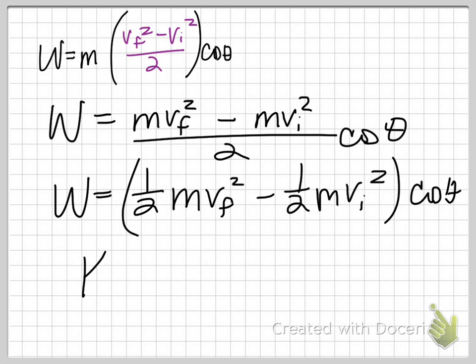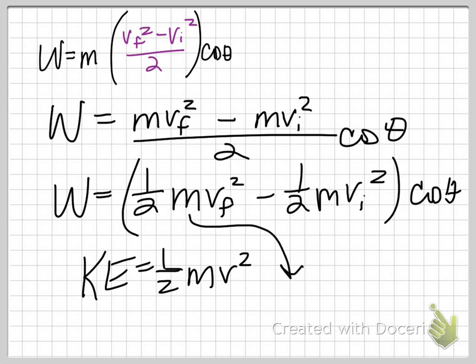Well, recall that KE equals 1/2 mass velocity squared. And if you had an object whose velocity was changing, this would be its KE final, and this would be KE initial. Whoa, cool!